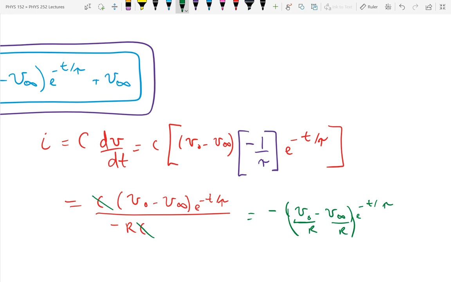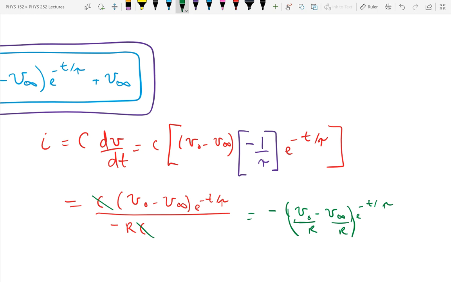And so that's going to tell me the current flowing through my capacitor at any time. And of course, the initial voltage here was 0. The final voltage was whatever my EMF was, and 0 minus negative makes it positive. We would have a positive current for this case. And, well, there you have it.